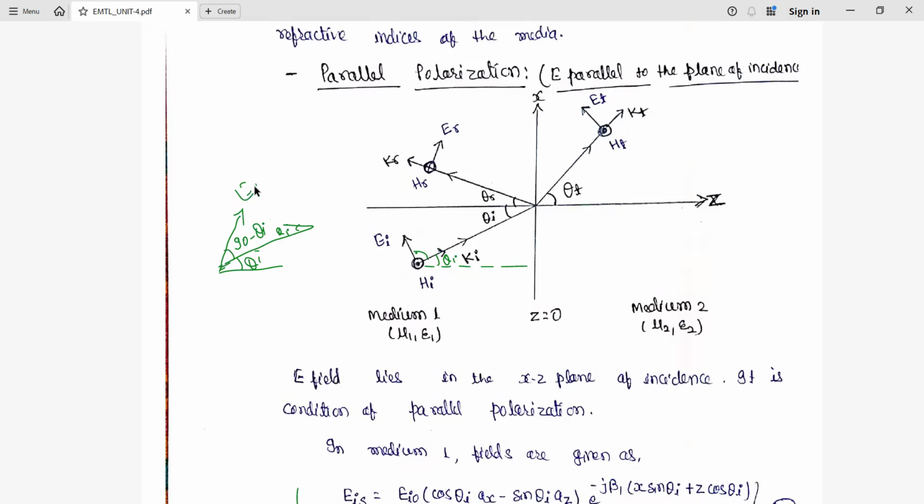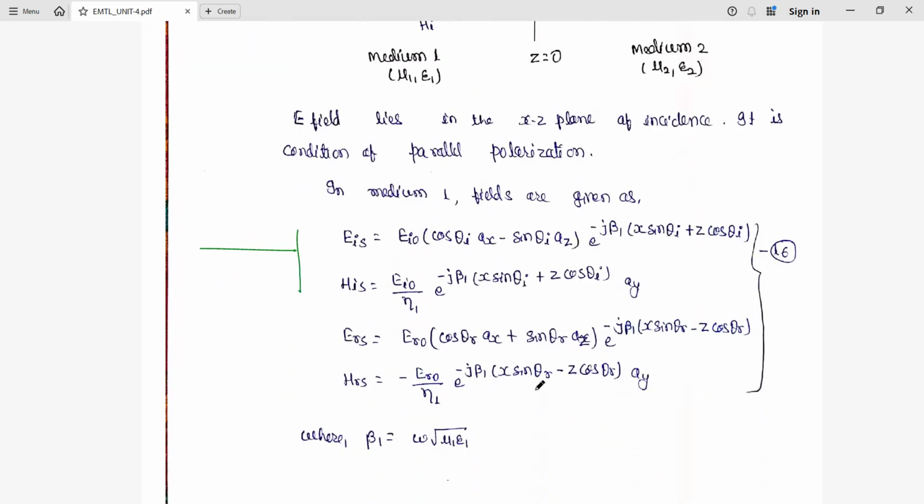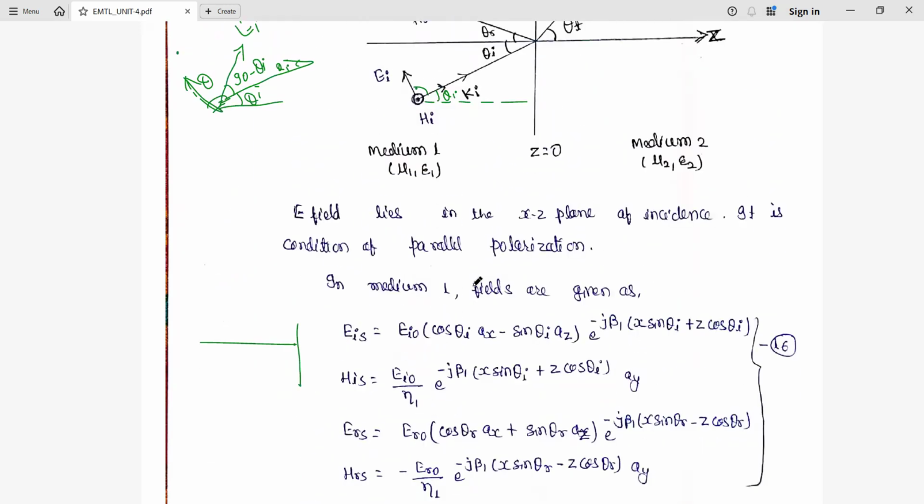This is the electric field E_I. Resolving it, one vector is E_I cos theta_I, and here we get E_I sin theta_I. On the basis of this, we are able to write this expression. The electric field has two components: cos theta_I along x and sin theta_I along z.